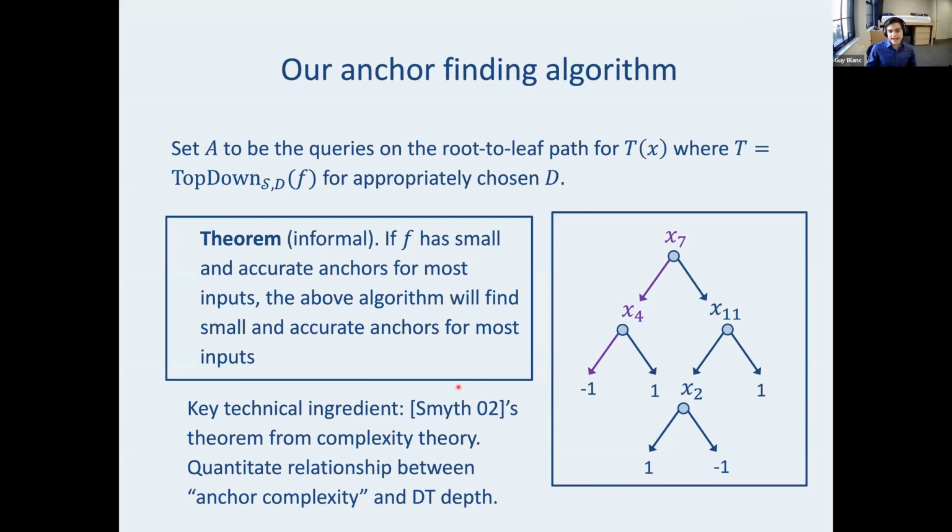And then a key technical ingredient here is Smythe's theorem from complexity theory. Basically this says if your function has good anchors, then it's also close to some decision tree, which means we can then use our guarantee for top-down trees to say, okay, you can build a tree that is close to it. Questions about this?